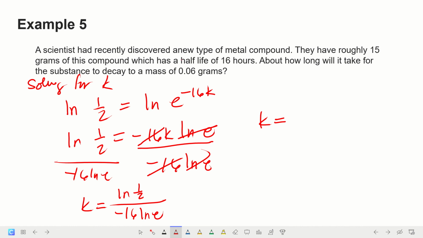So, our growth rate factor is equal to 0.04332168. That is our growth rate factor. So, let us now plug this into our original given.